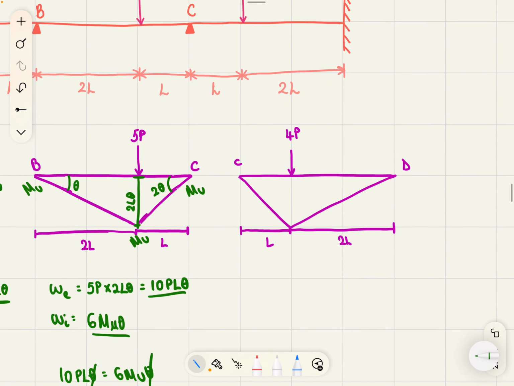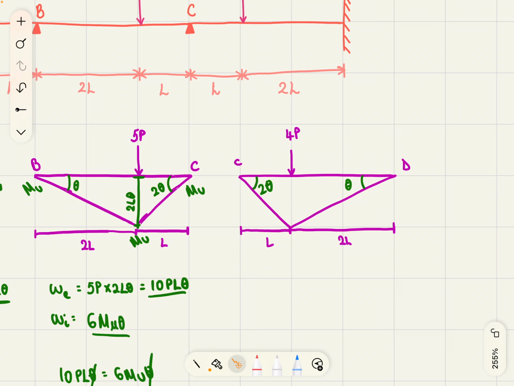Now, last one. You can just see that the angles are going to be just theta and 2 theta, because we have 2L, L, L, 2L. So theta, 2 theta, 2 theta, theta, basically symmetry.